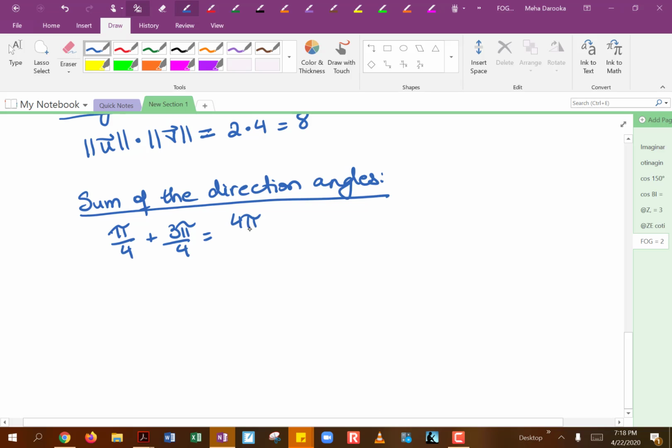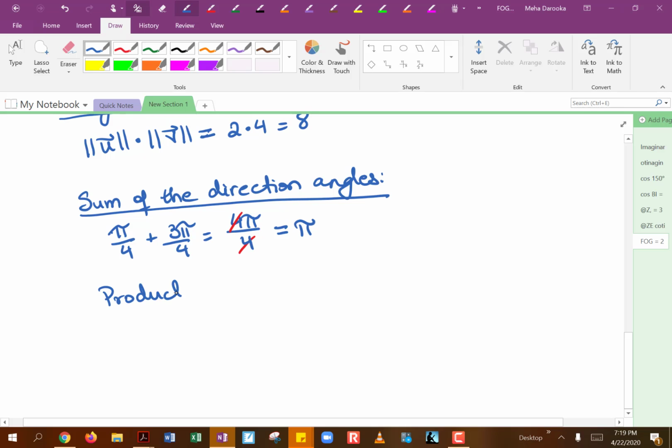That comes out to be 4 pi over 4. Since we have 4 on both the numerator and denominator, this gives us the angle of pi. This tells us that our product vector is going to lie on the negative real axis, because that's where pi is.